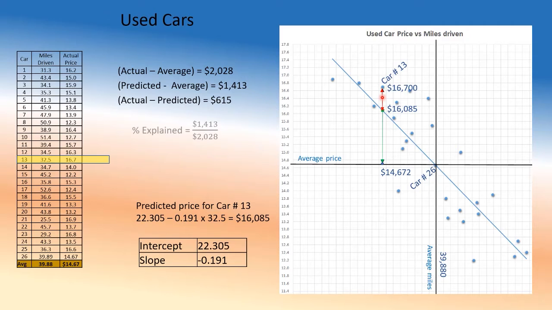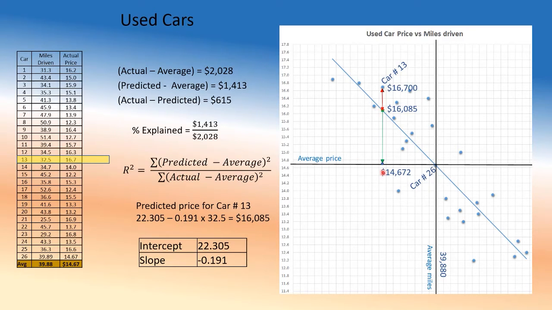So now the question is, how much of the car price variation did we explain? The difference was $2,028, right from there to there, out of which we could explain the green line, which is $1,413. So we could explain this one divided by that one, as a percent of the price. That's the idea behind R squared, roughly speaking. So this is what we're going to do now.